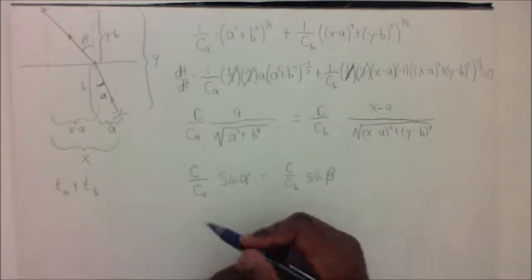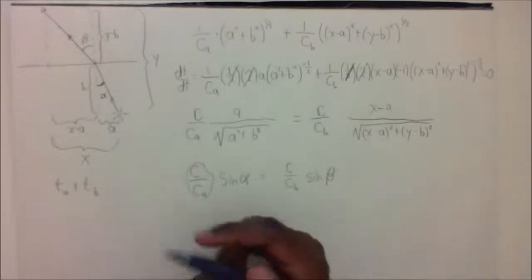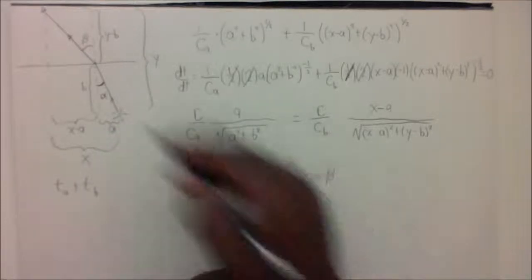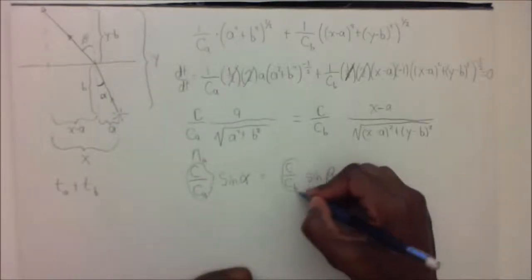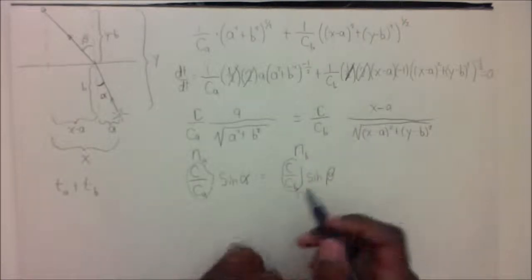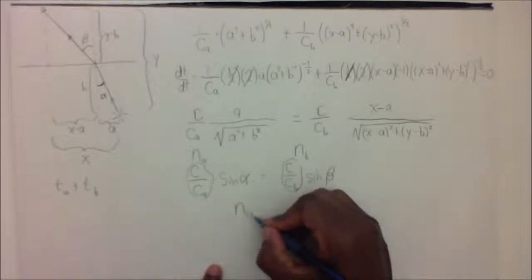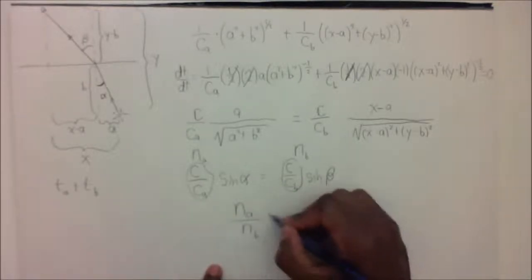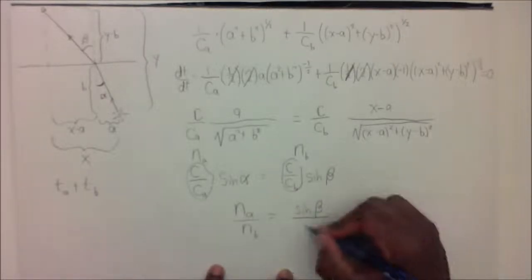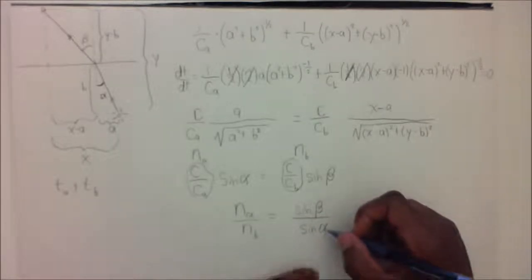Mind you, c over c sub a is what they refer to as the index of refraction of medium A, and c over c sub b, respectively, is the index of refraction through medium B. And so now we can say n sub a over n sub b is equal to sine beta over sine alpha.